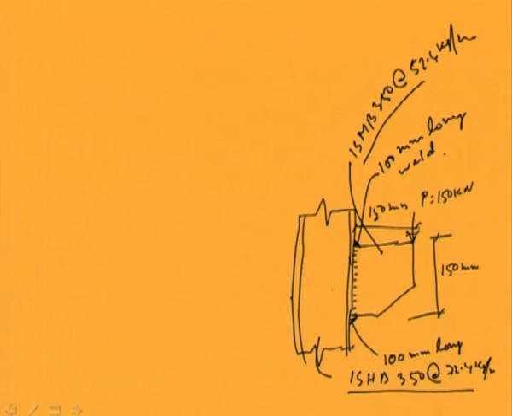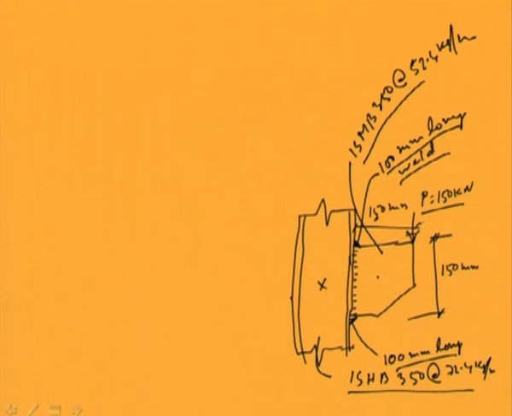This bracket is connected to the column through the fillet weld, and the length of the fillet weld is 150 mm along the y direction. Also, horizontally a 100 mm long fillet weld has been used. The load is 150 kilonewton, which is 150 millimeter away from the face of the column.